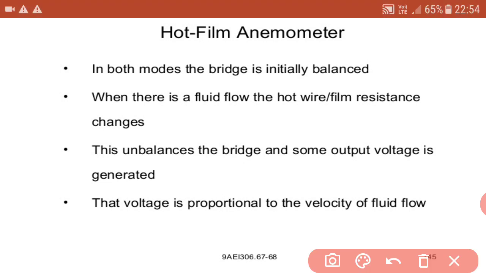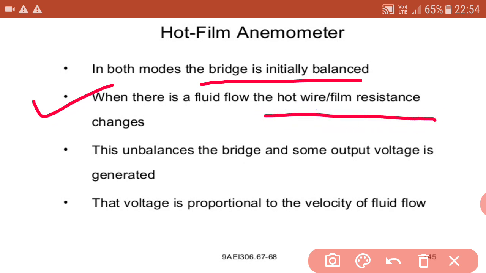Now in both modes the bridge is initially balanced. So we have assumed that in this mode the bridge will initially be in the balanced condition. When there is a fluid flow, the hot wire or film resistance changes.